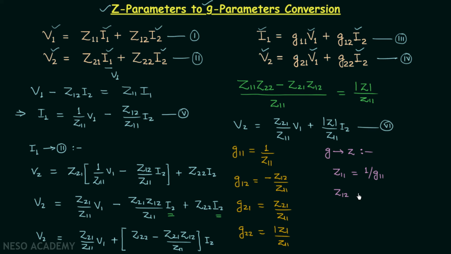Parameter Z12 is equal to negative of parameter G12 divided by parameter G11, and parameter Z21 will be equal to parameter G21 divided by G11, and parameter Z22 will be equal to the determinant of the G parameters matrix divided by G11. So you can see the similarities between the two results, and therefore if you remember only one result, you can easily have the other set of results.